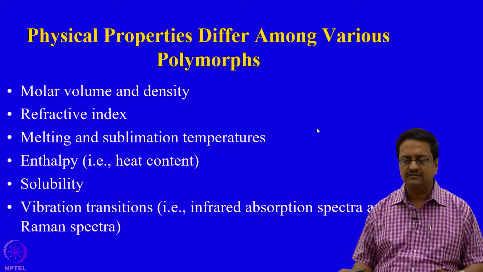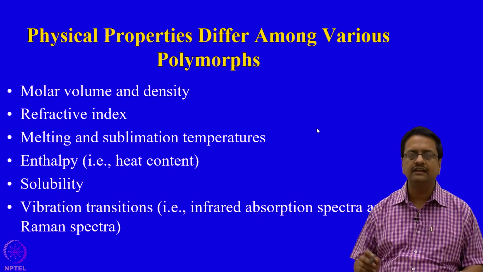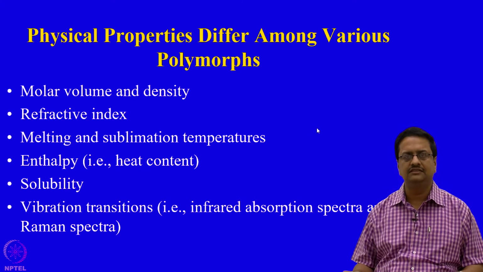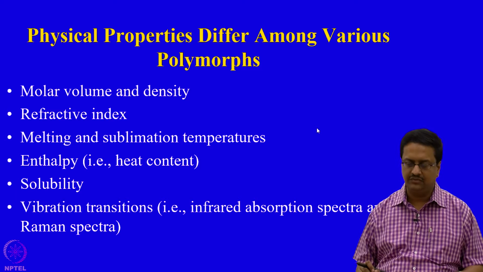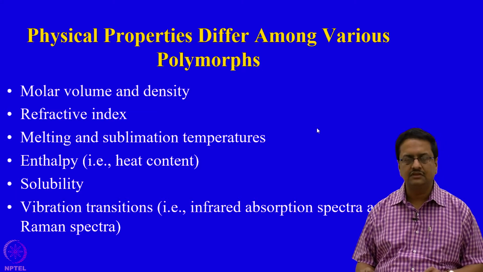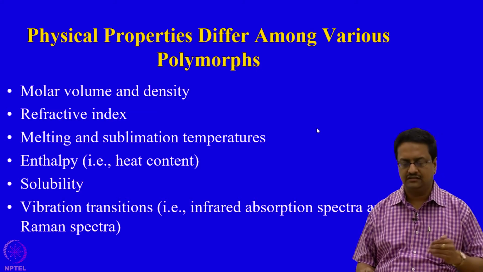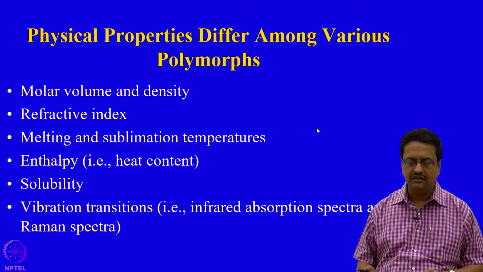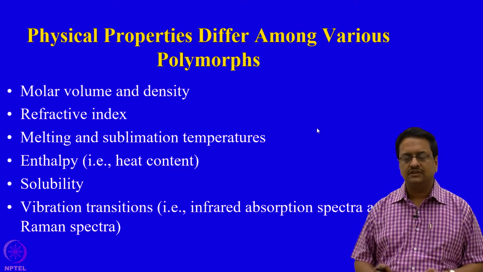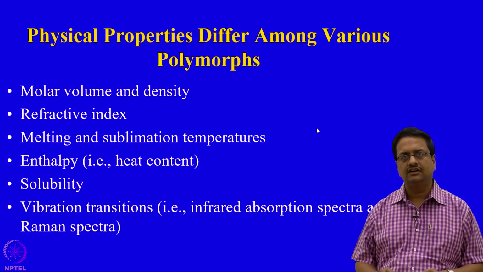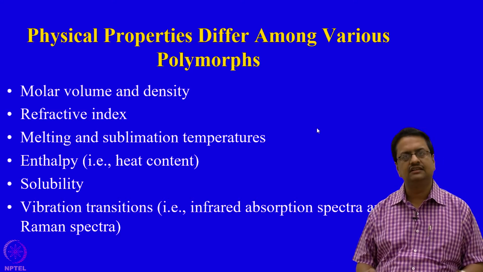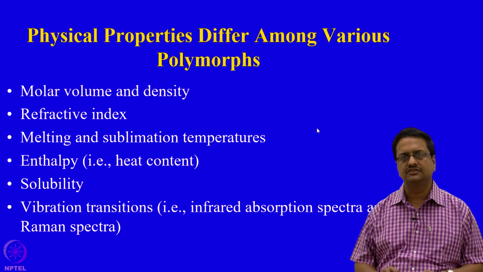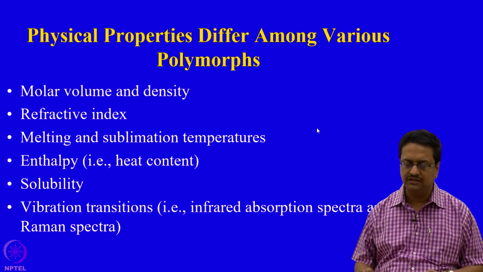So, physical properties differ among polymorphs. The molar volume and density may be different. The refractive index, melting point and sublimation temperatures may be different. The enthalpies of those solid crystalline forms will be different. The solubility of different crystal structures in a given solvent may be different, and of course, some vibrational transitions like infrared absorption spectroscopy and Raman spectra may be different for those different crystal structures.